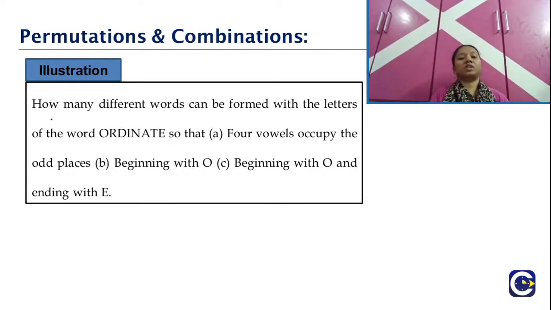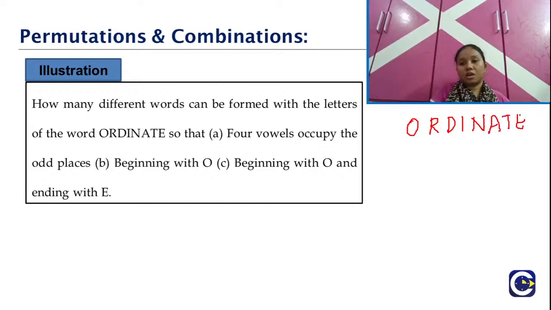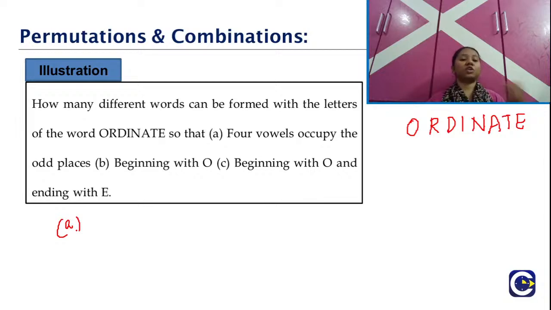How many different words can be formed with the letters of the word ORDINATE? The first question is, the 4 vowels occupy the odd places. So similar to our previous one, you have to identify the vowels and then the even and odd places and then arrange them correspondingly.